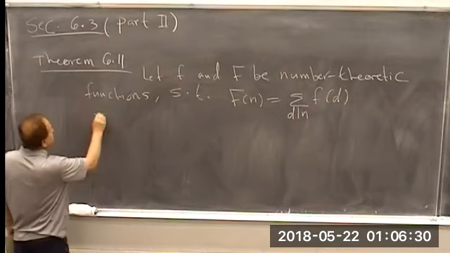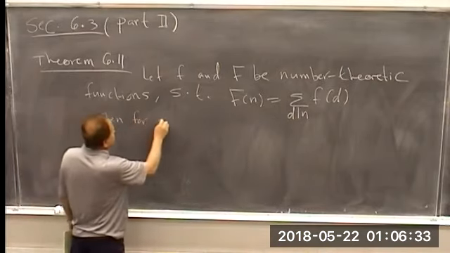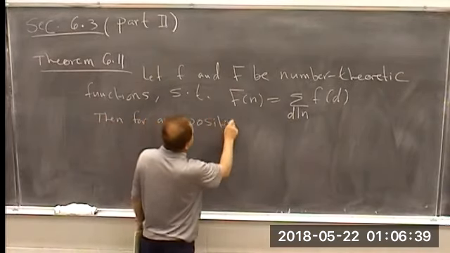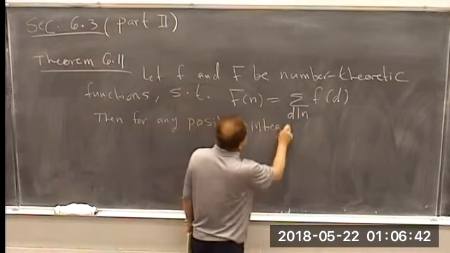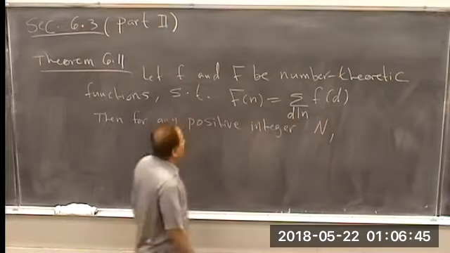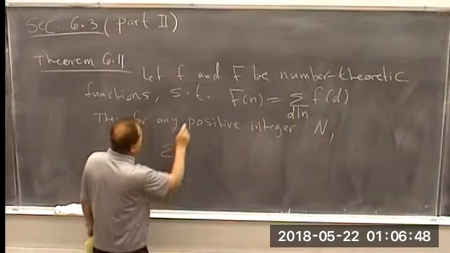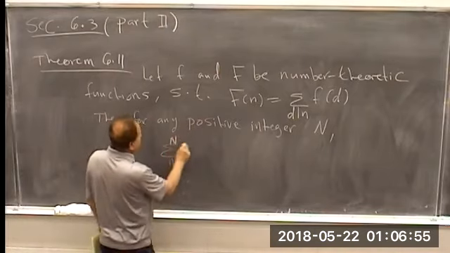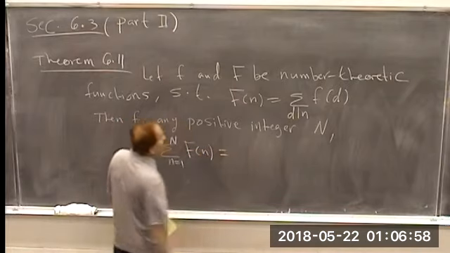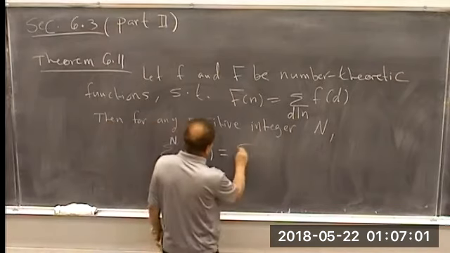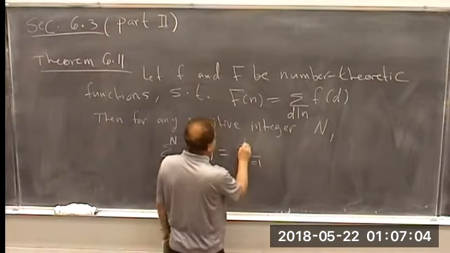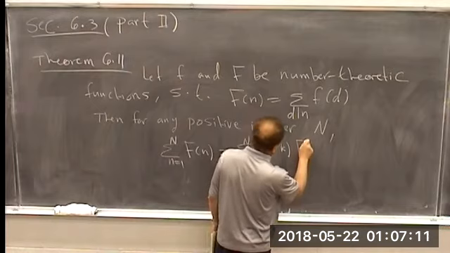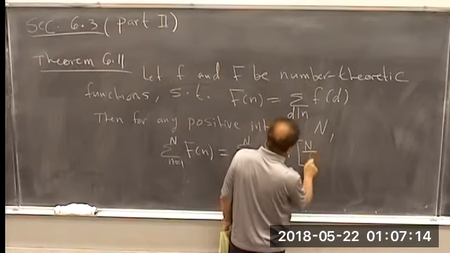Then, for any positive integer capital N, if I want to add up the values of capital F from n equal 1 to capital N, then this is given by this formula: the sum from k equal 1 to capital N of f of k times the floor of capital N over k.